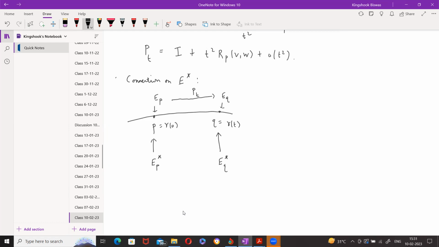Now, the dual of this parallel transport map goes in the backward direction, from E_Q star to E_P star, right? The dual goes backwards. So if I want a map going forwards, what should I do?